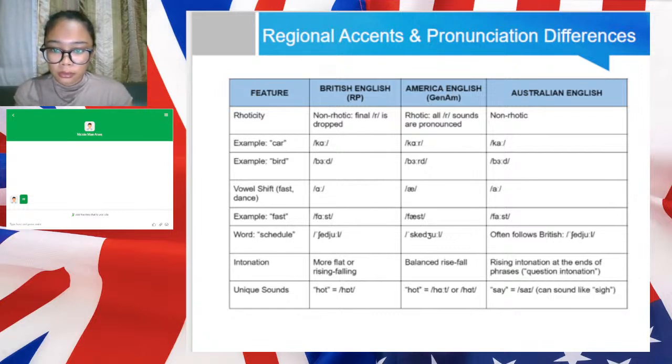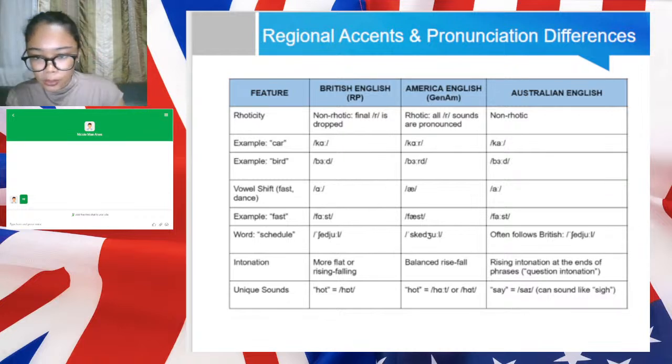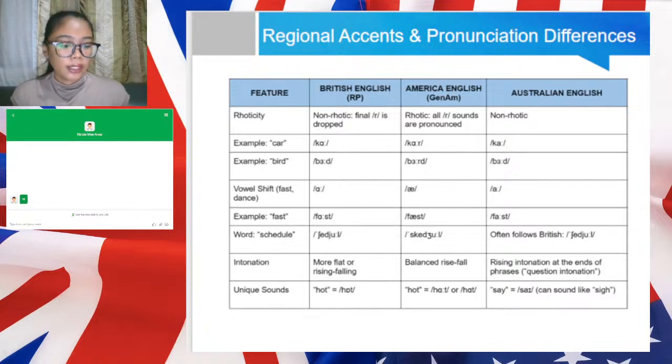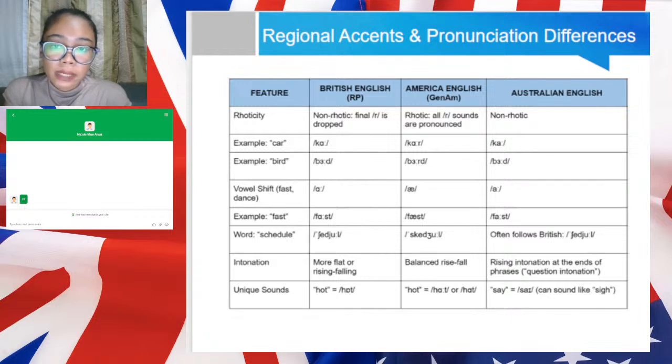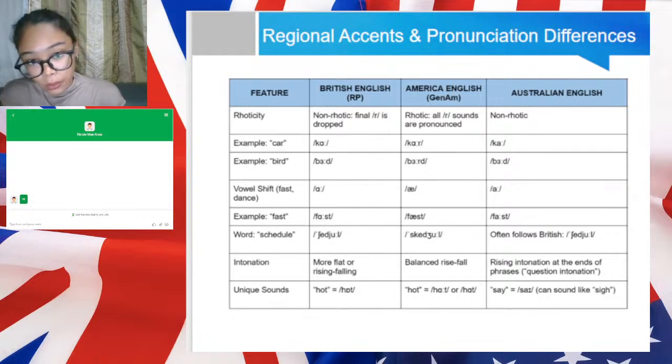Now, we have looked at the vowel shift. Let's immediately proceed to the word schedule. Since there are different regional accents, it cannot be avoided that some words can be pronounced in different ways.